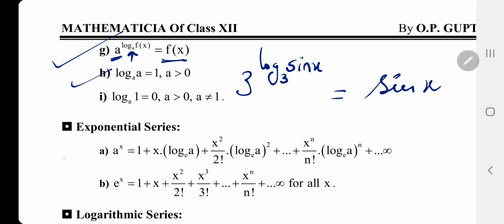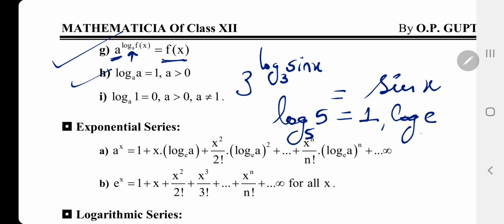This formula has already been discussed a few moments ago. Log of anything on the base of the same is always 1. Suppose we have log 5 on the base 5, its value will be 1. Suppose we have log of e on the base of e, again its value will be 1. If we have log of 10 on the base of 10, again its value will be 1, and so on.